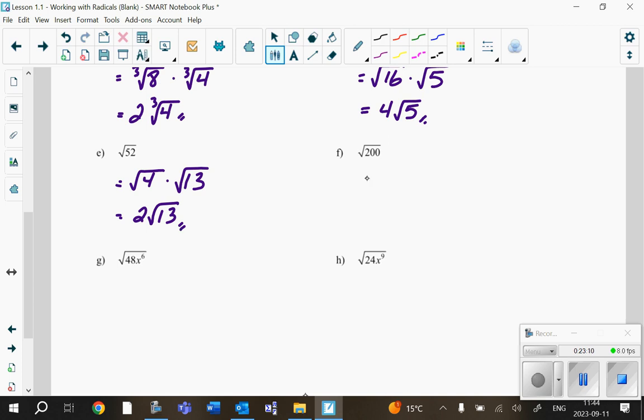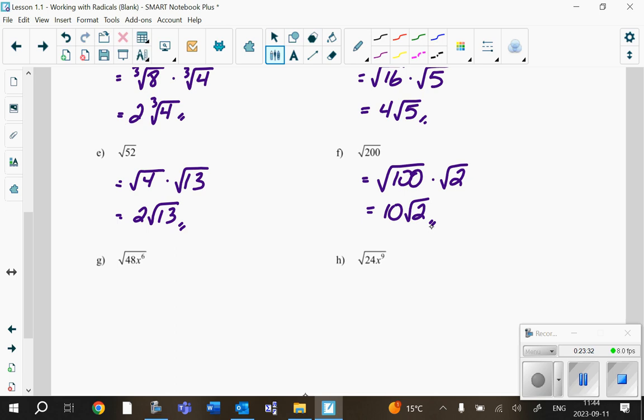How about the next one? Root 100 times root 2, which becomes 10 root 2. Okay. Those are review.